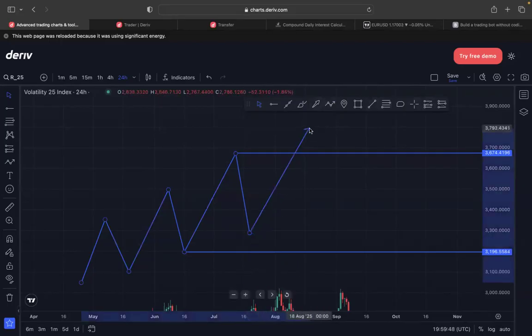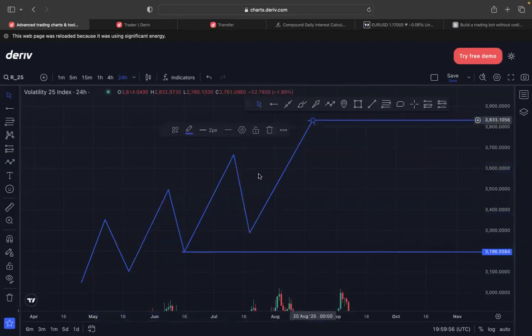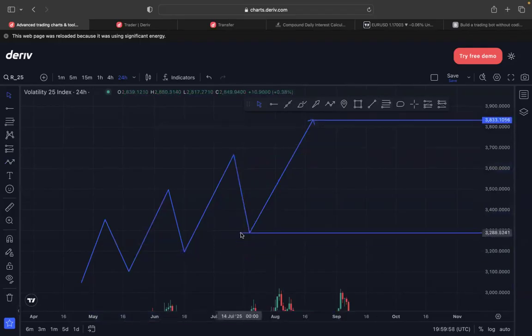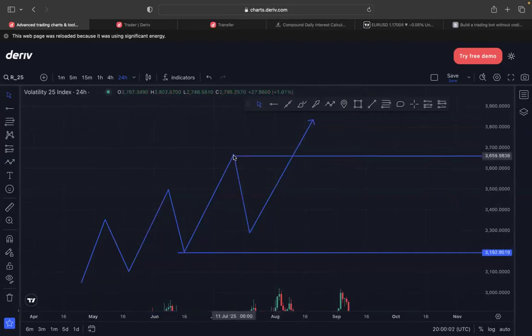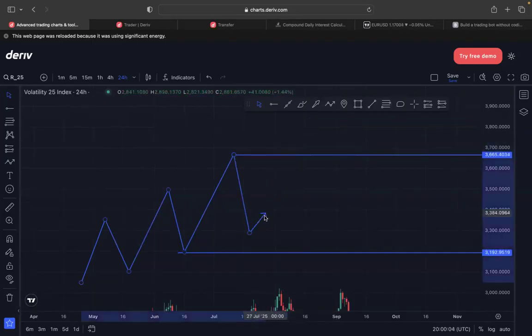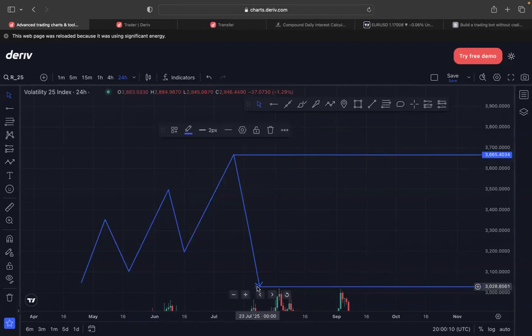If we have a break of structure, we now have a new point of interest like this, or we have something like this, and we now have a new point of interest like this. You need to be able to differentiate what point of interest is.